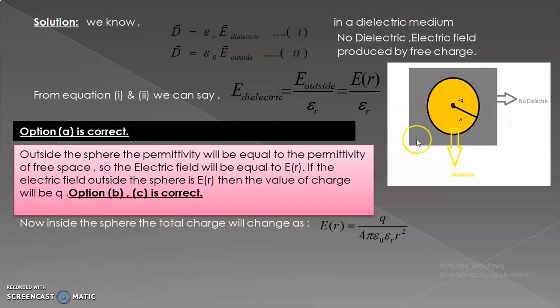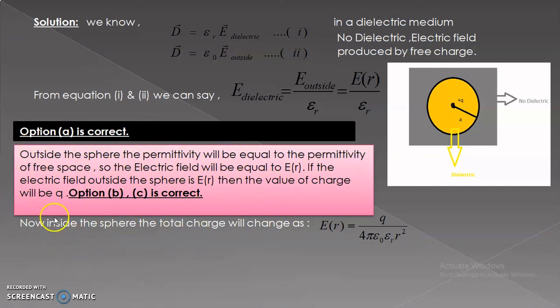Here it doesn't change because it is divided by epsilon naught, but when we have to measure the electric field, it will be divided by epsilon r along with the r square. Okay, by this formula. And in the C option we have been given that if the electric field outside the sphere is here, then the value of charge will be Q. So we got B and C both are correct.